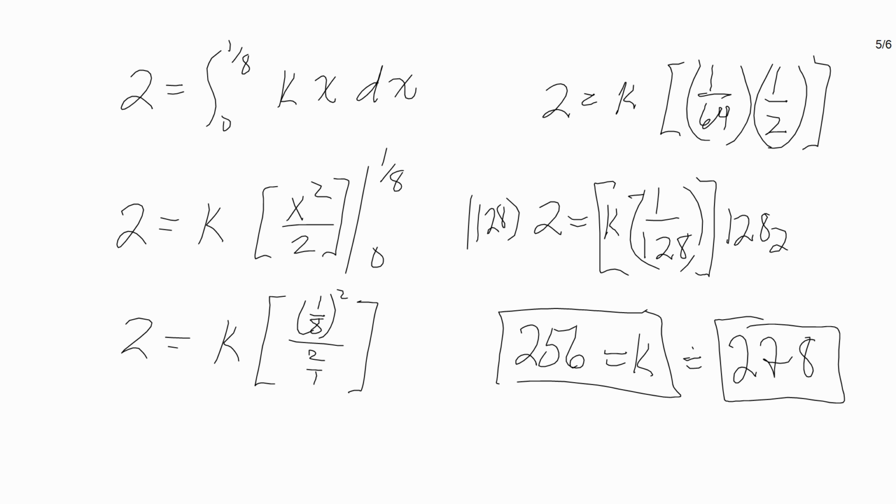You just found K. K is equal, was it 278? Did you round up or was it decimal? 277.77. Okay, we'll use 278. K is equal to 278. Let's go back to the original equation.